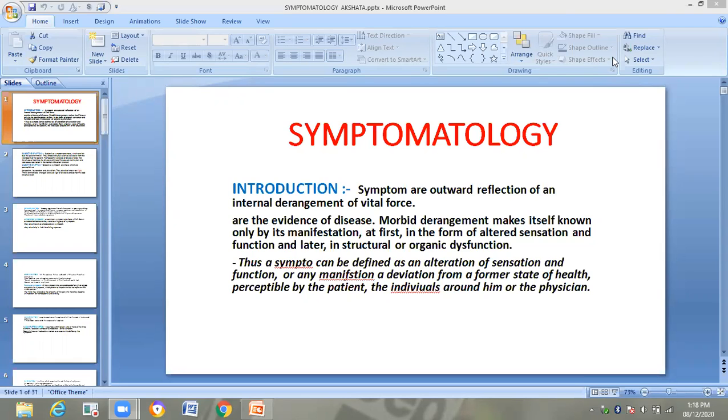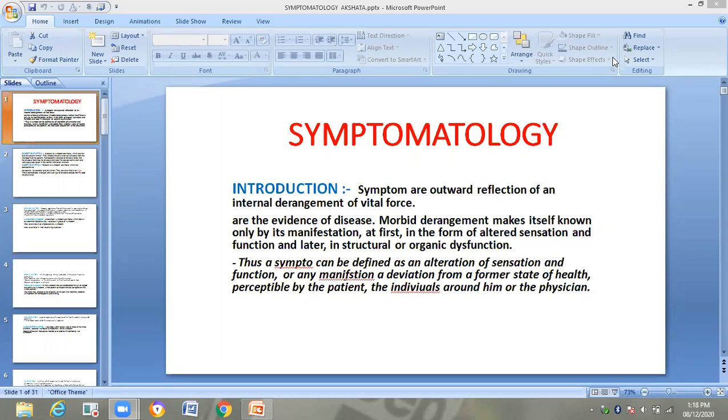Also, Dr. Kent says that all curable diseases, not incurable, make themselves known to the physician by signs and symptoms.